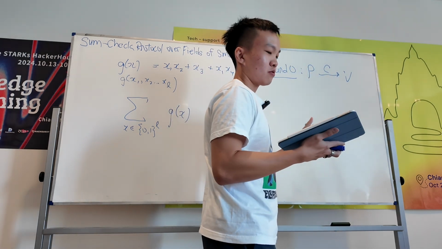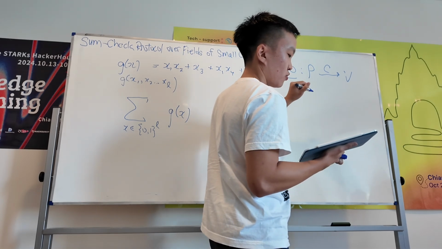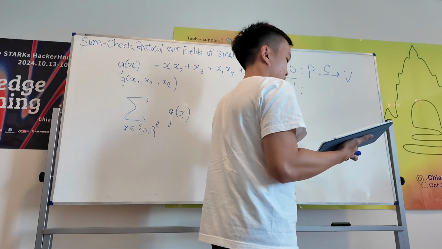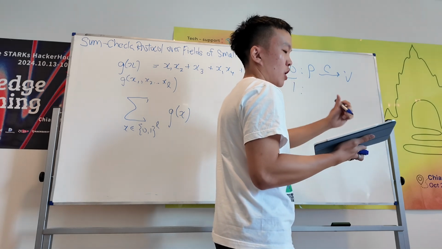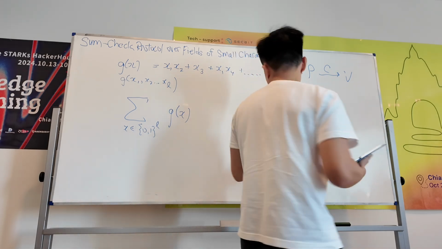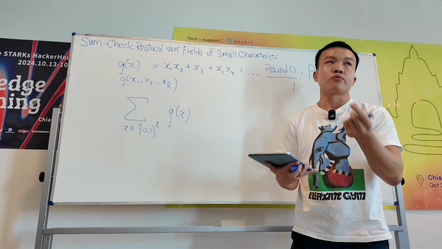That's round 0. Then in round 1, the prover also sends a univariate polynomial claimed to be equal to some h1(x), where h1 is basically the multilinear polynomial that you have here, but you leave the first variable free.